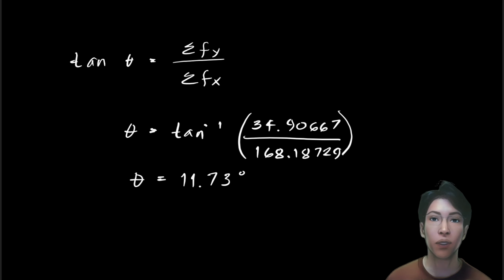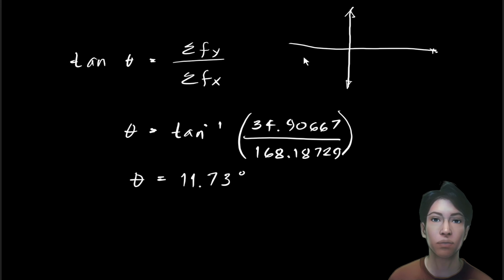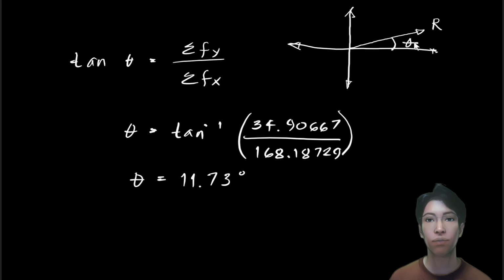So if I may illustrate it, it will be like this. So the resultant force will be like this. So this is your resultant and this is angle theta. Take note that angle theta is always measured along the x-axis as far as the resultant is concerned.